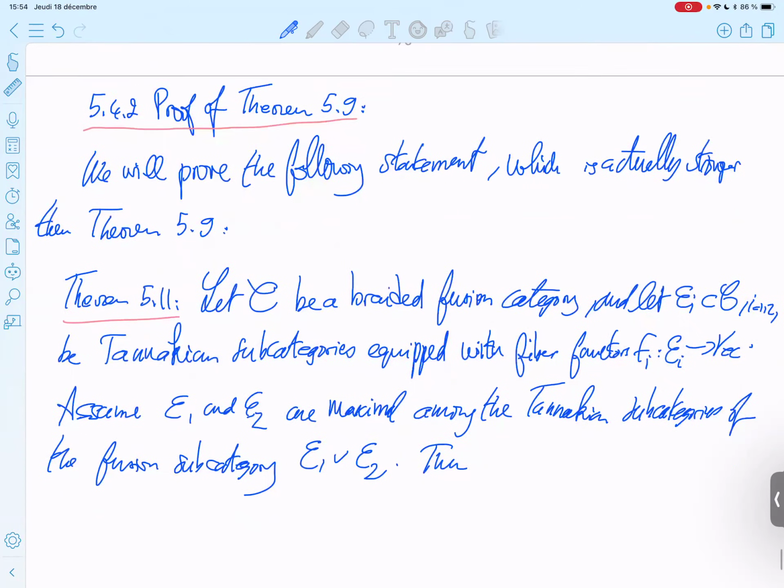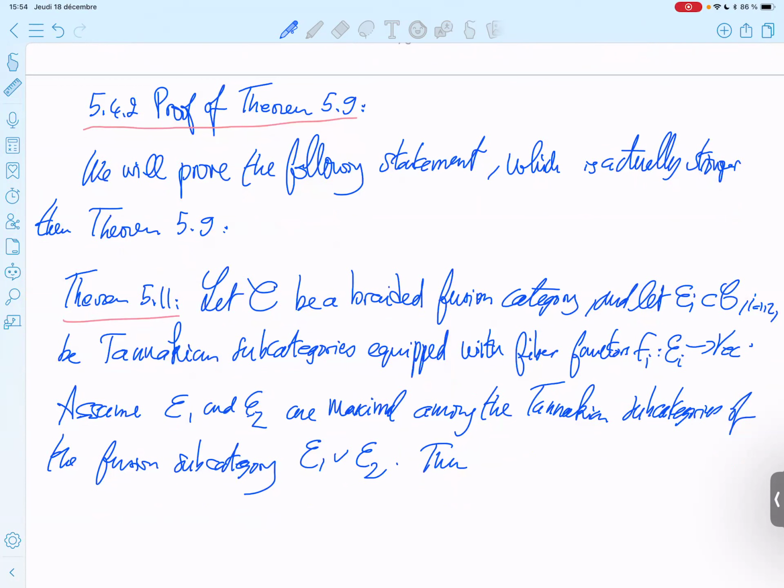Then you get isomorphism 107, which we write explicitly.